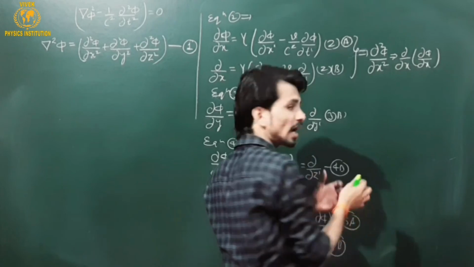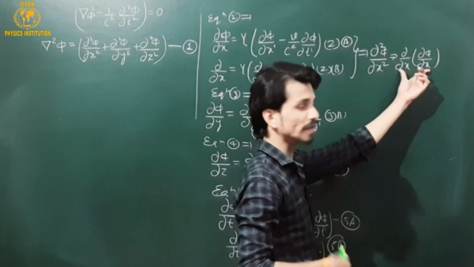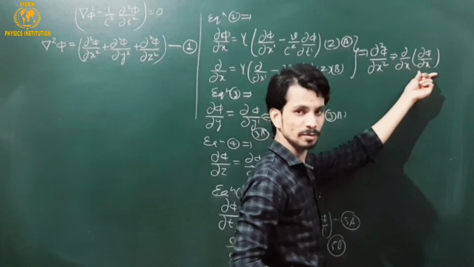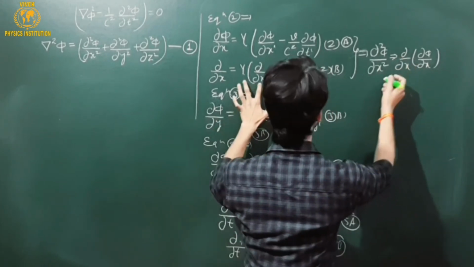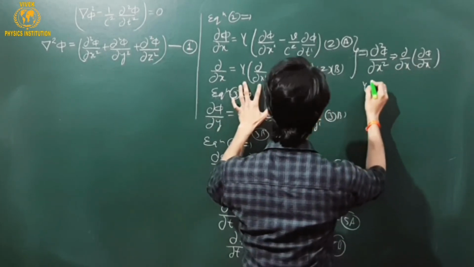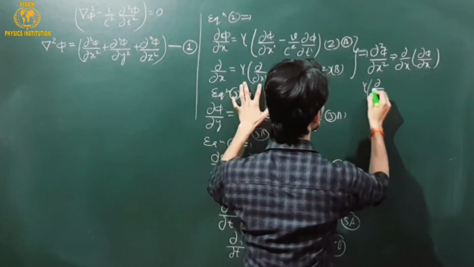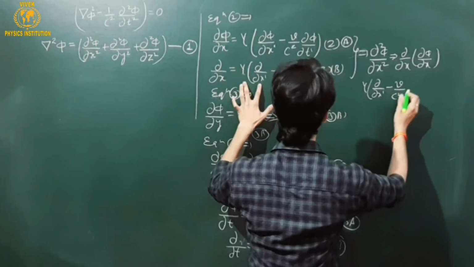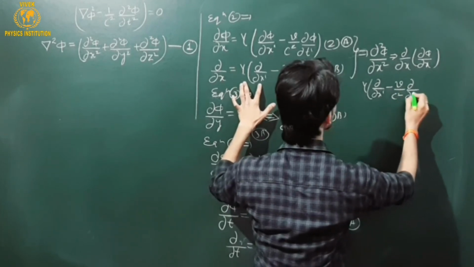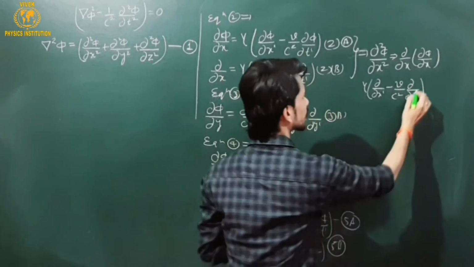So why can I not use these values directly, the values of this factor and that factor? The value of ∂/∂x is from this equation. This is γ into ∂/∂x' minus v over c² ∂/∂t'.